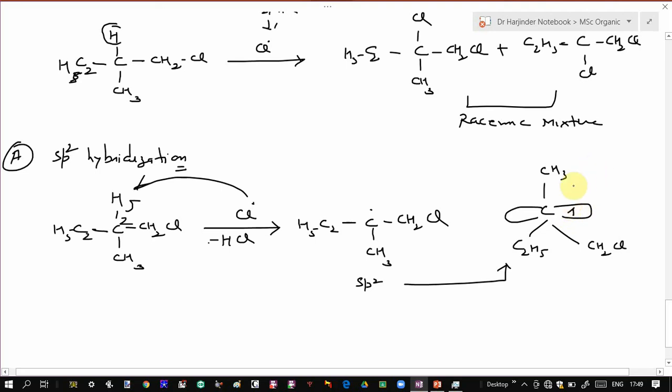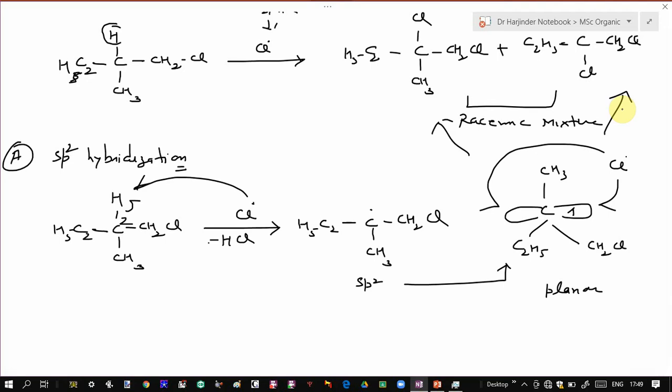Since it has a trigonal planar geometry, the next chlorine radical can attack from both sides. It can attack from this side, or from this side, giving rise to two possible products. So that gives a racemic mixture, because attack can take place from both sides.